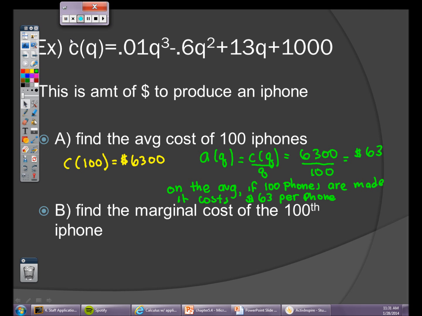So now let's move on to finding the marginal cost of the 100th iPhone. Marginal cost, I said, comes from the derivative C prime of Q. Let's take a second to find the derivative of the cost function. Using the power rule, I have the equation for C prime of Q. Now I want to evaluate that equation for a value of Q of 100.